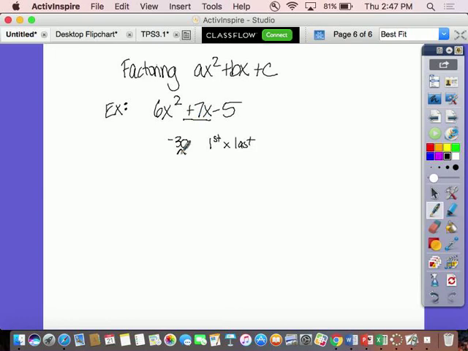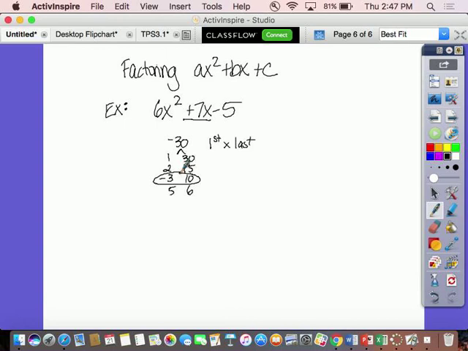So we think about all the things that multiply to 30: 1 and 30, 2 and 15, 3 and 10, 5 and 6. Now because it's a negative 30, one of those will be negative and one will be positive, and it has to add up to 7. If we make the 3 negative, we have negative 3 and 10.